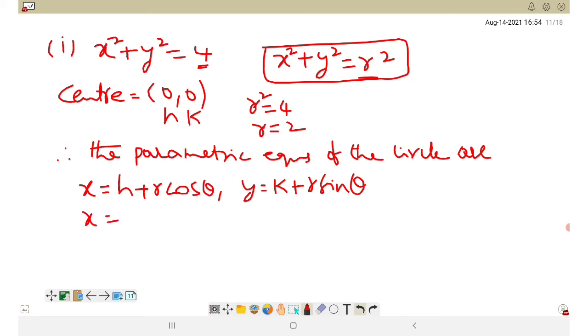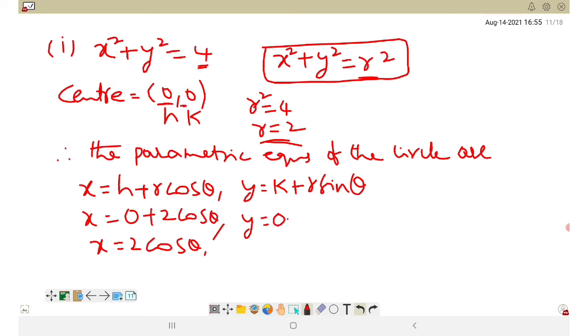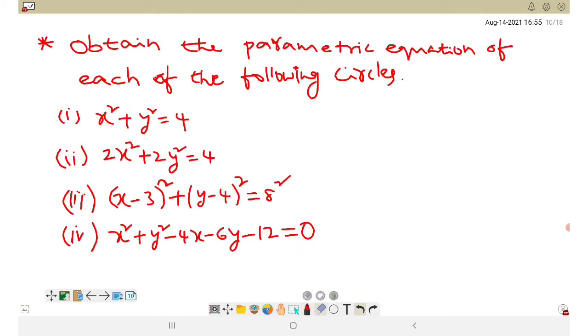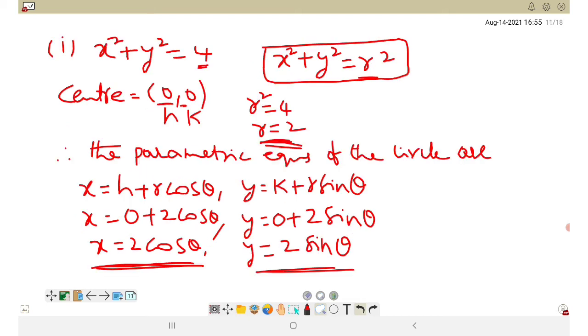Now substitute: h is equal to 0 plus r, which is 2, cos theta, so x is equal to 2 cos theta, and y is equal to k, which is 0, plus r, which is 2, sin theta, so y is equal to 2 sin theta. So the parametric equations of the given circle are x equal to 2 cos theta, comma y equal to 2 sin theta, where 0 is less than or equal to theta less than 2 pi.